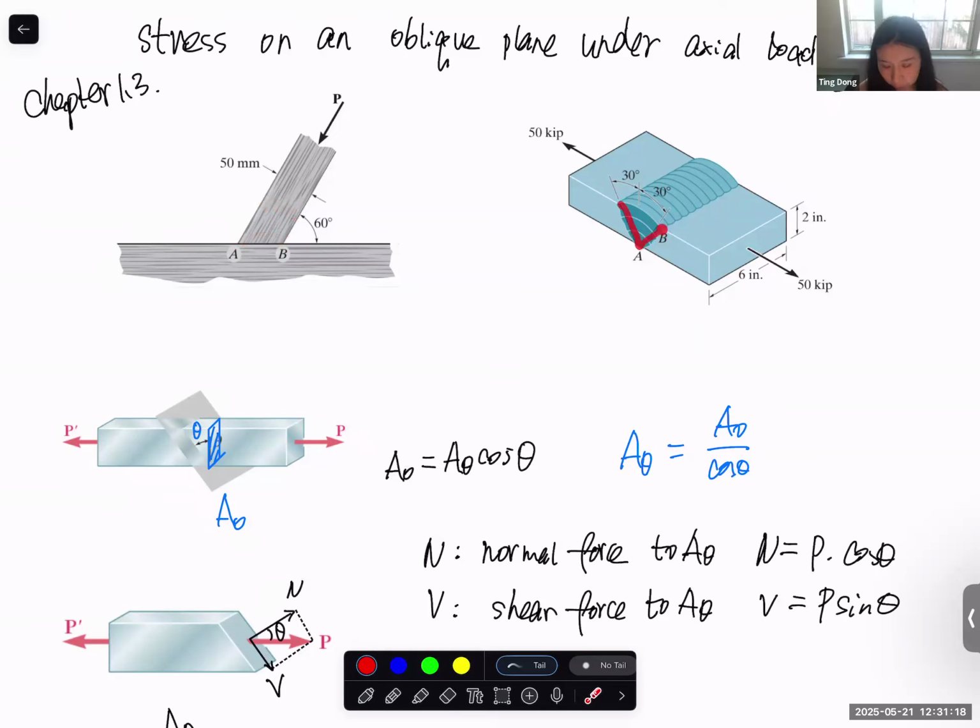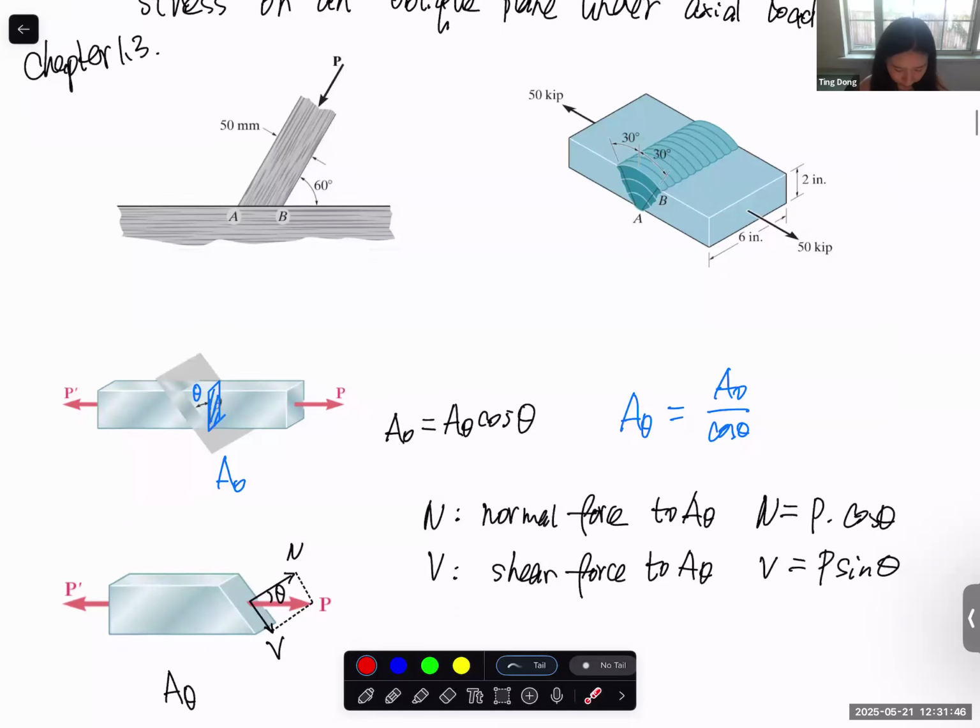And also for this welded joint, as a structure, you need to check if it fails on the cross section, which is the content we learned in the first section. You also need to check if it will fail on this welded joint, which is an inclined plane. It's not necessarily perpendicular to the actual direction. So in this situation, we do need to find the normal stress and shear stress on the inclined plane.